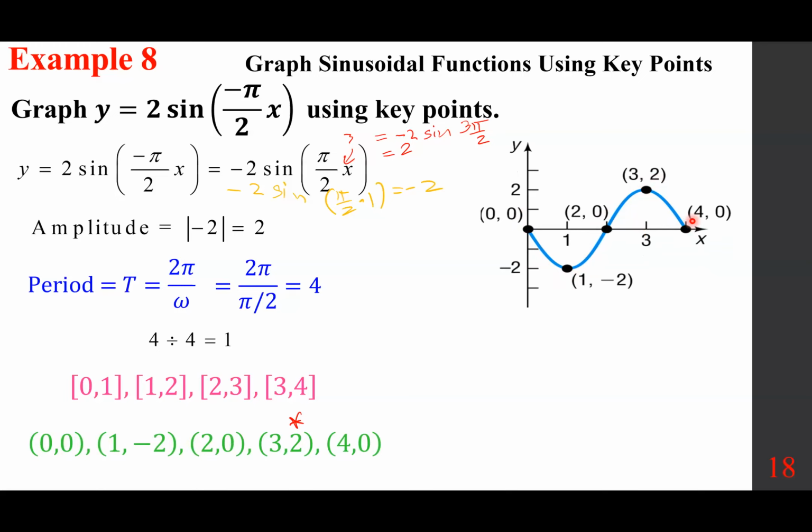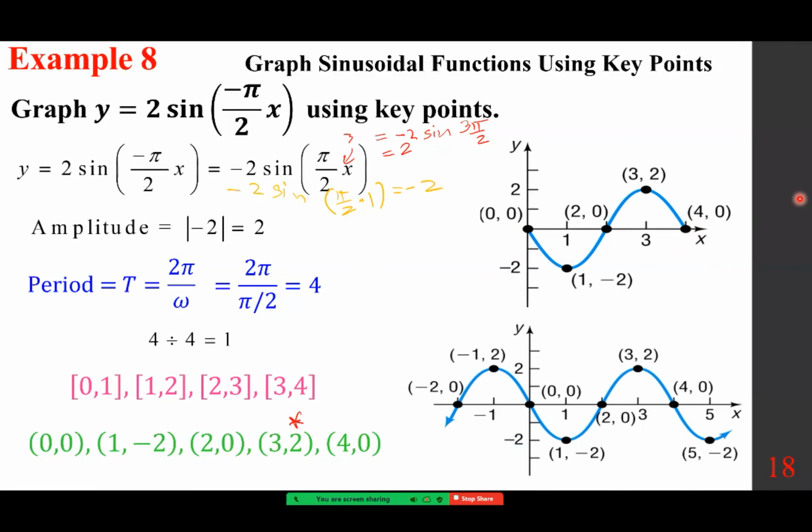You go indefinitely on the left and on the right, so you continue on both sides, because they didn't ask for one complete cycle. They asked for the graph, and that's what we do.